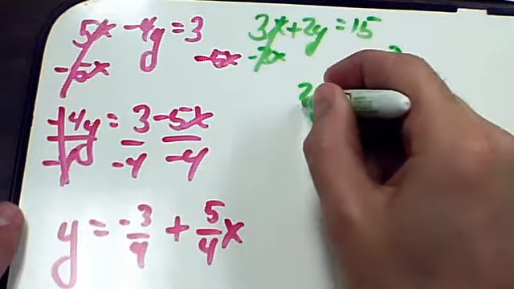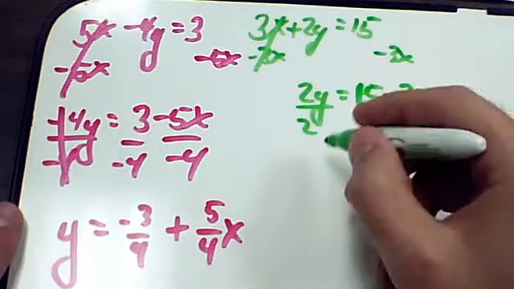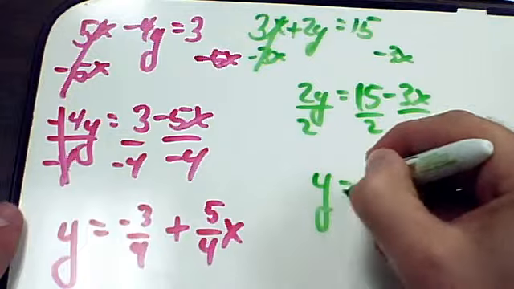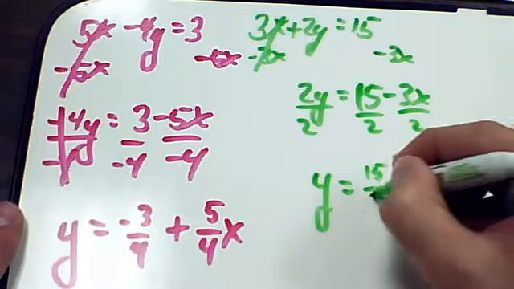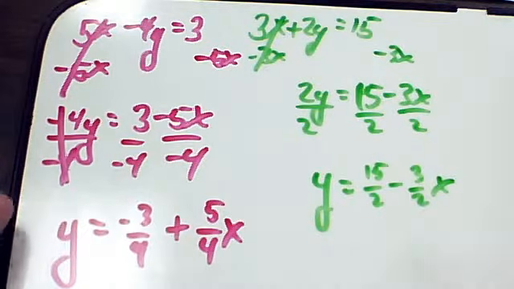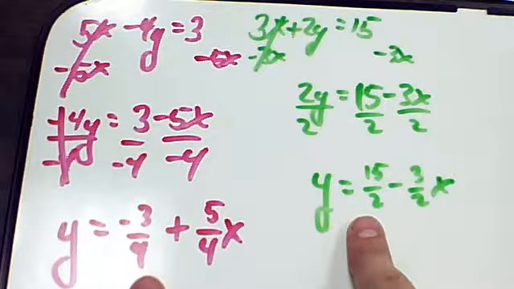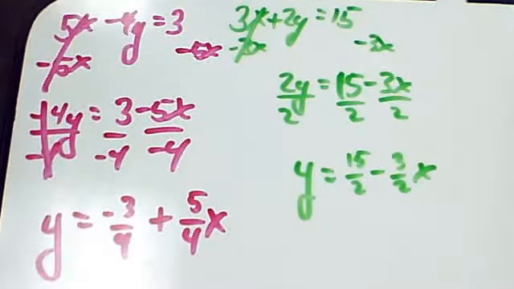Divide by 2 on both sides, which means divide each piece by 2, and we have y is equal to 15 halves minus 3 halves x. Okay, and so these are my two equations that I'm going to graph. So let's graph them.